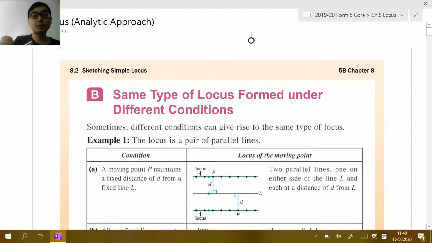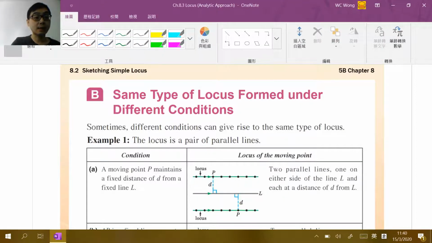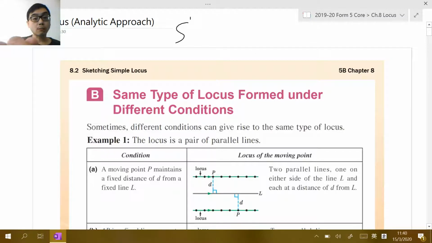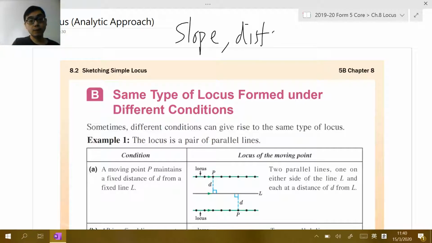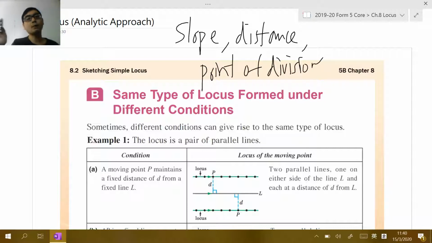So do remember that when we talk about the analytic approach, as I just said, we usually use slope, SLOPE. And also sometimes we may have to use the distance formula. Or even some formula, just like point of division. That means we have to use all the formulas considering the coordinate plane, which we have learned in Form 1 to Form 3 to solve the problem.